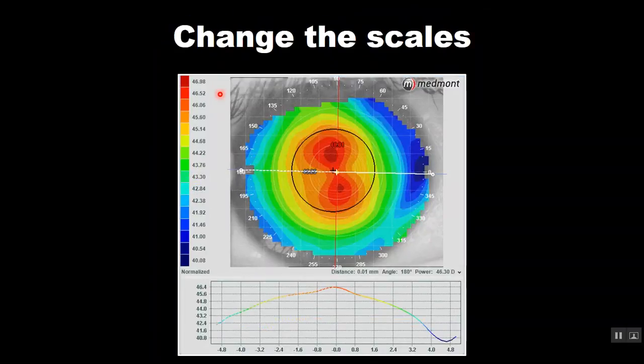If we adjust the scale to a normalized scale, now we understand the steepest we can read ends up the number at the top of the scale. The flattest we can read is the number at the bottom of the scale. So the scale shifts in normalize specific to the eye that you've selected, giving you much more definition.